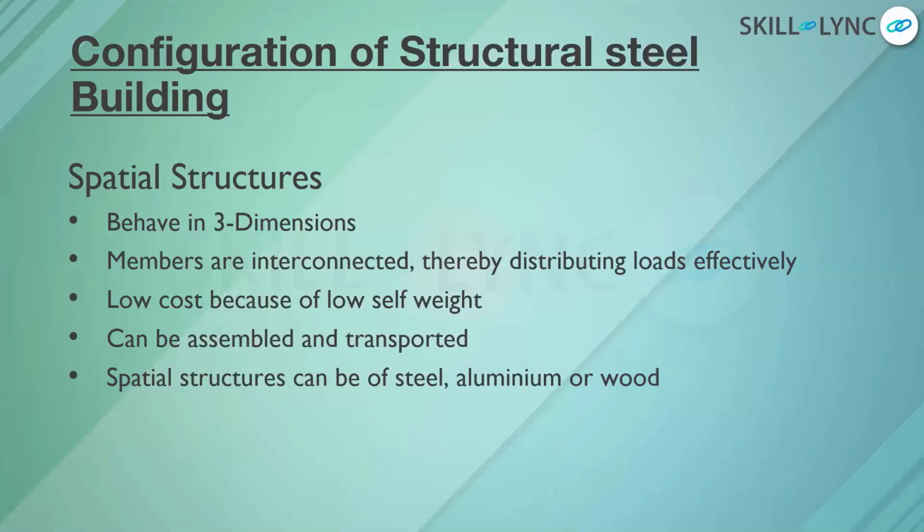These can be made of steel, aluminum, or wood, though steel is normally preferred. The members are interconnected and can distribute the loads effectively. That is an important feature of a spatial structure.